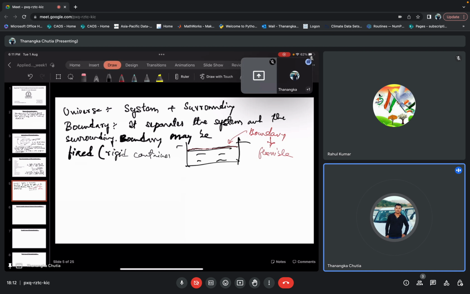In this case my boundary is fixed or flexible. For a flexible example, you can say a balloon. When you are expanding a balloon, the boundary is basically flexible. So boundary can be both fixed and flexible.